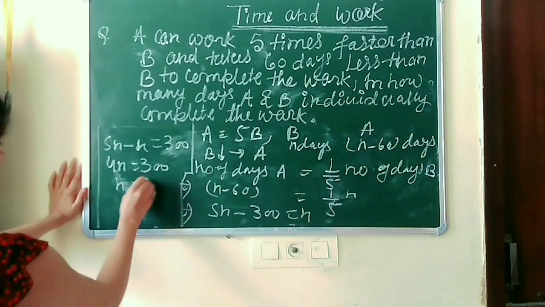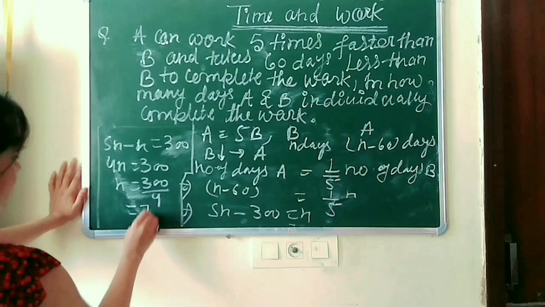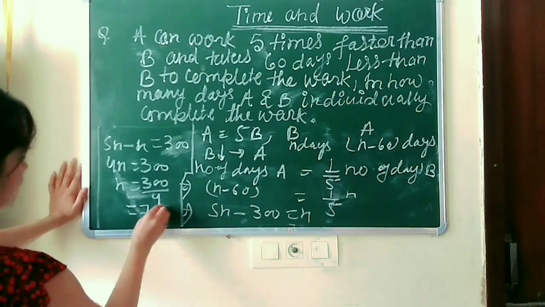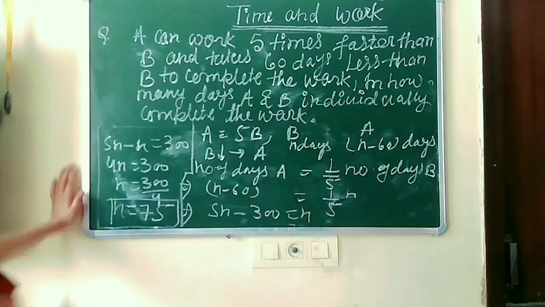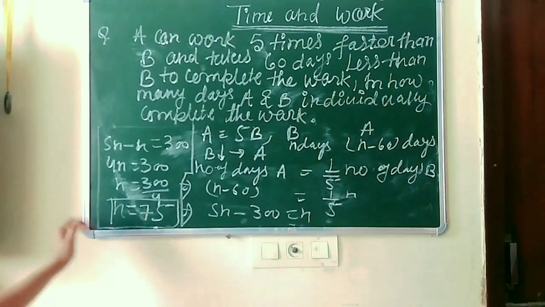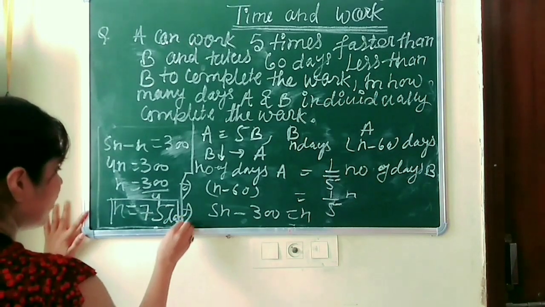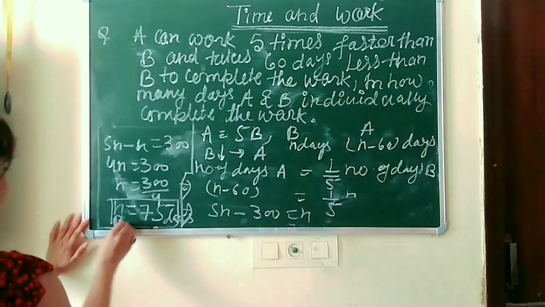So n will be 300 upon 4, that is 75. So the number of days required to finish the work by B is 75 days.